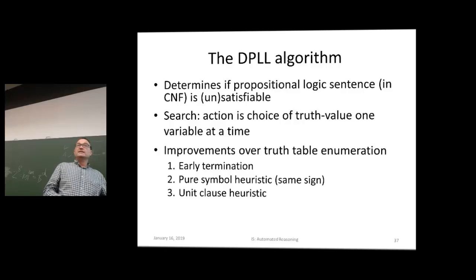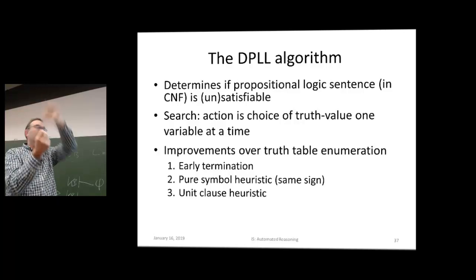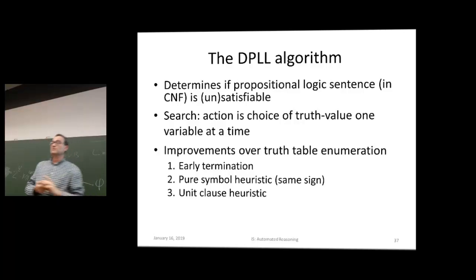And this search is very efficient, and basically it does that by improving over the standard truth-table enumeration by early termination. So you don't go through the whole tree, but by using the partial assignments, you only have to go until you find either a solution or a contradiction.